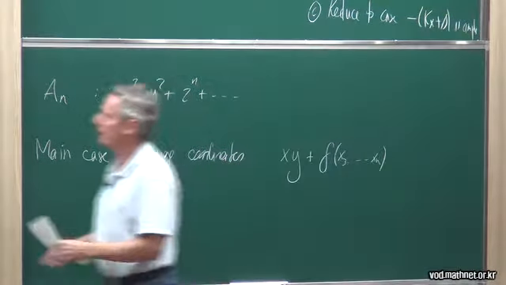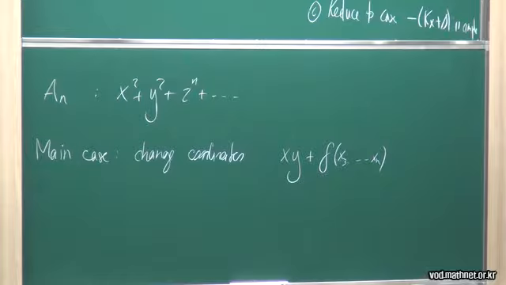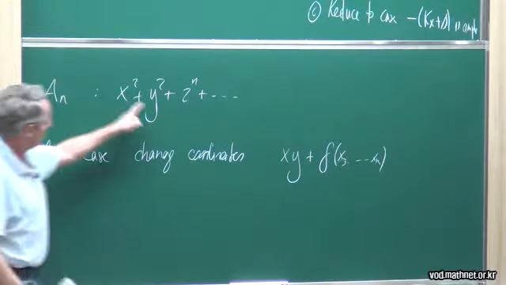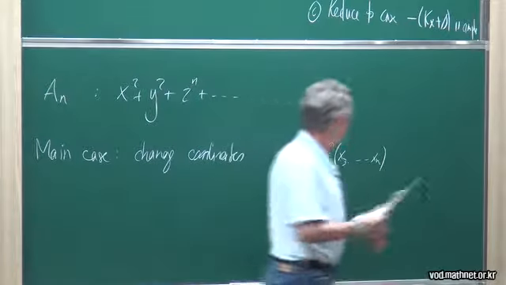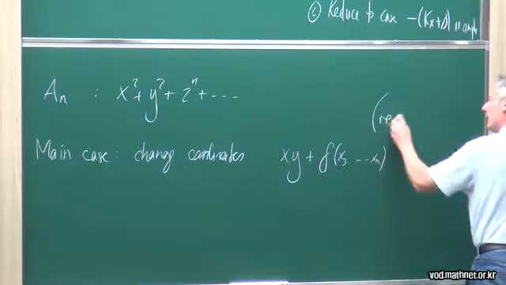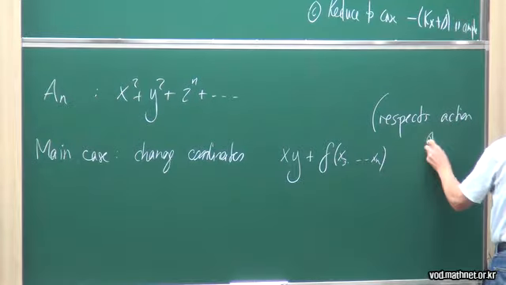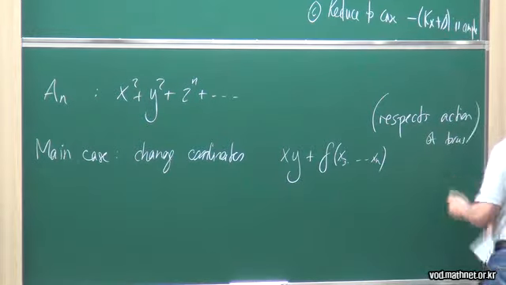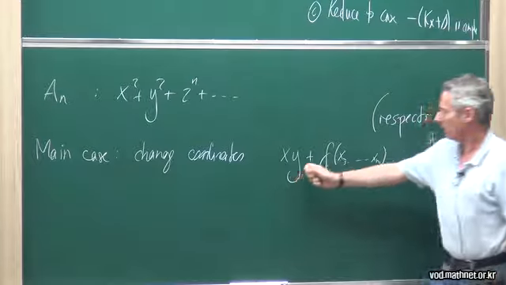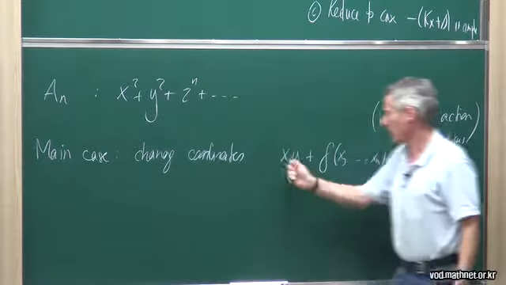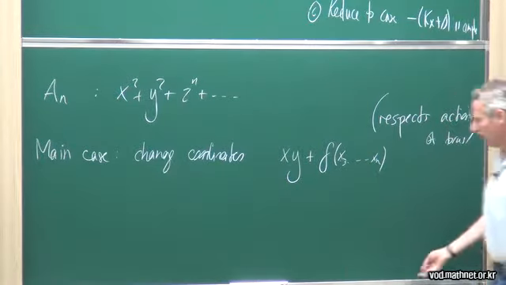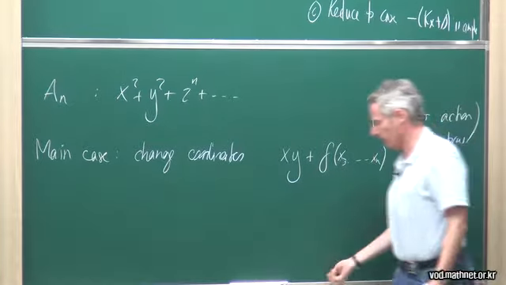But you see, don't forget there's an action of a torus. And when I say change coordinates, I mean that it respects the action of the torus. So when I say that we're changing coordinates, I want that coordinate change to be equivariant. Okay, but most of the time you can change it in this form.